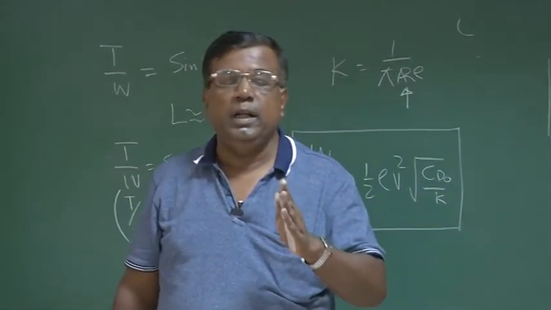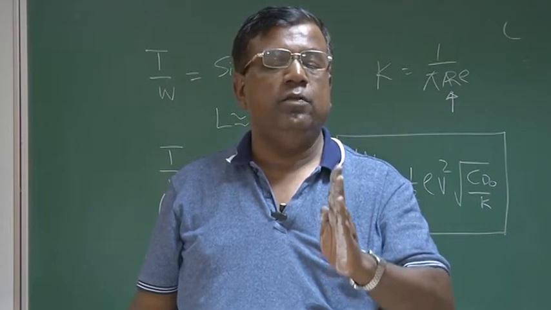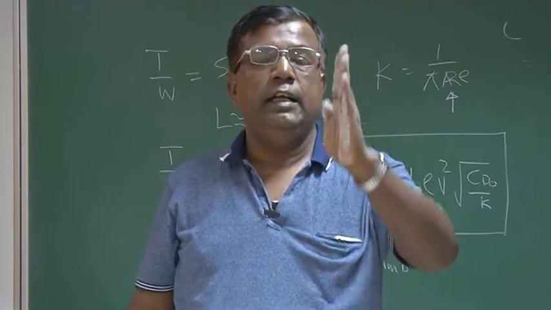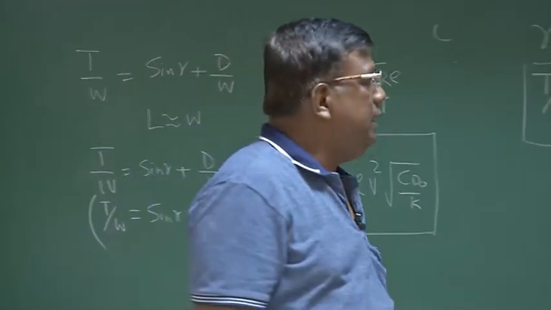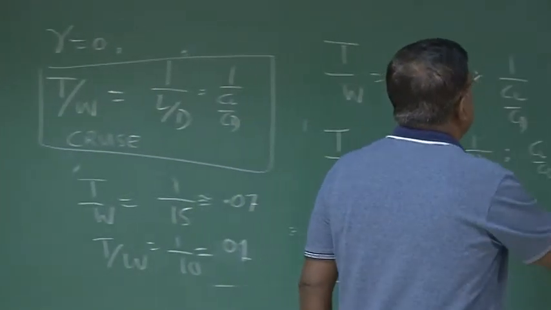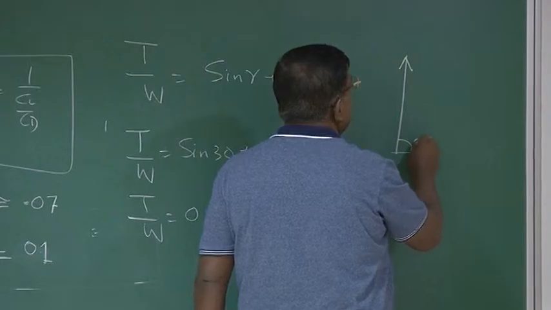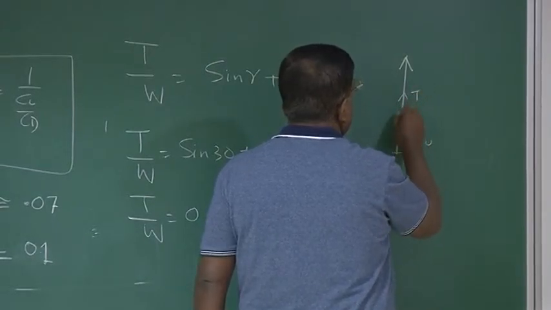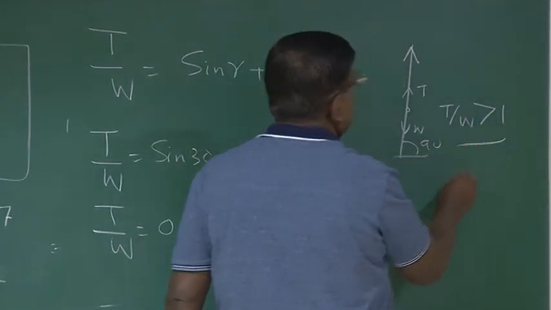Suppose you are designing an airplane which should just go vertically, then definitely you understand that T by W should be more than 1. Am I correct? Suppose I want to climb at 90 degrees, then naturally T by W should be greater than 1.